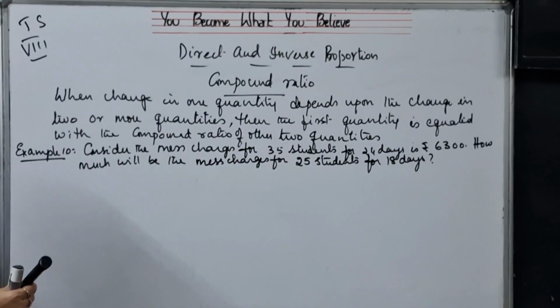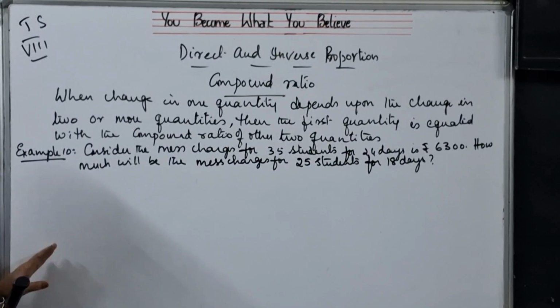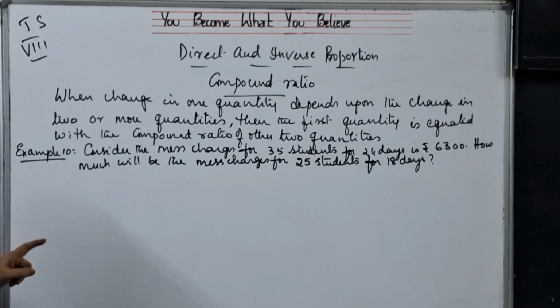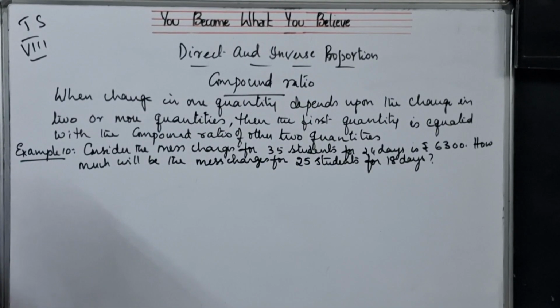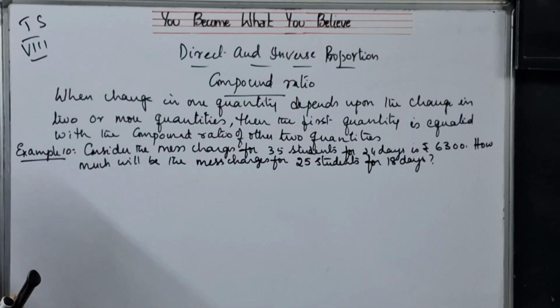What you have to do? The value that you need to find out should be taken as the first quantity. The remaining two should be taken as the second quantities, and you have to find out the compound ratio of that. That will give you the result of that problem, children.